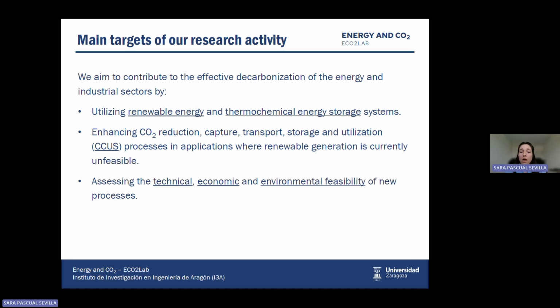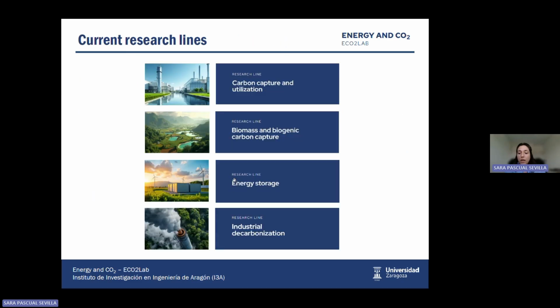These objectives are also translated into several practical research lines. Our research group is currently working in these 4 research lines. First of all, the carbon capture and utilization to convert the CO2 emissions into valuable products, closing the carbon loop and reducing industrial emissions.